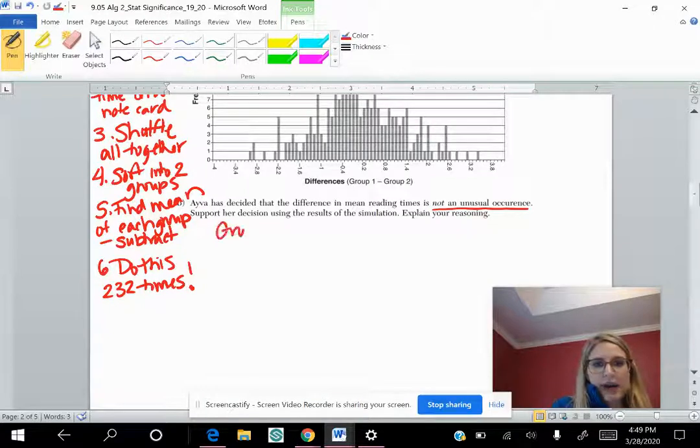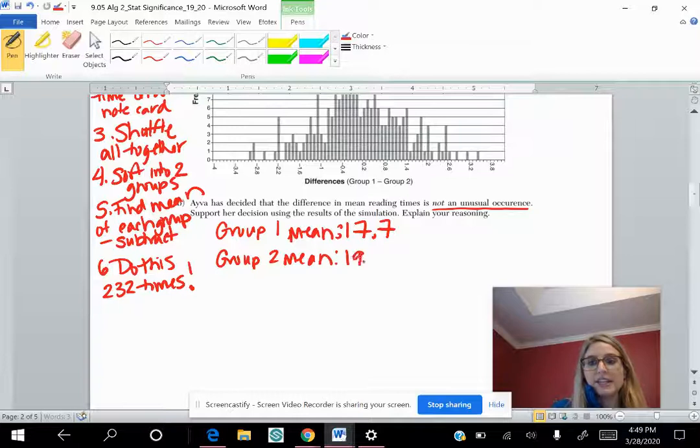Okay, so if you look back on the last page, group 1 had a mean of 17.7, and the group 2 mean was 19.1. So they asked us to find the difference in the means.